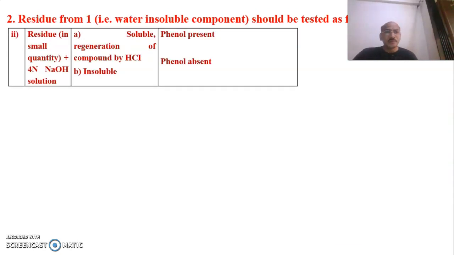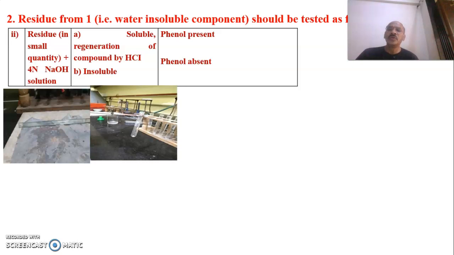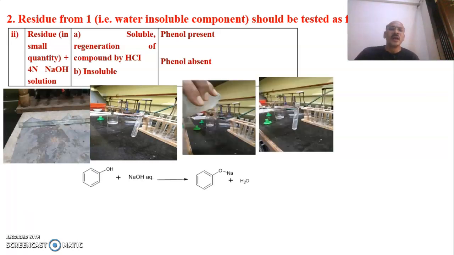Then if acid is absent, we have to proceed for phenol. For phenol, we will use sodium hydroxide. If it dissolves in sodium hydroxide to form a colored solution, and when we add HCl regeneration takes place, then we will write that phenol is present. So to the residue we will add sodium hydroxide, it will dissolve.